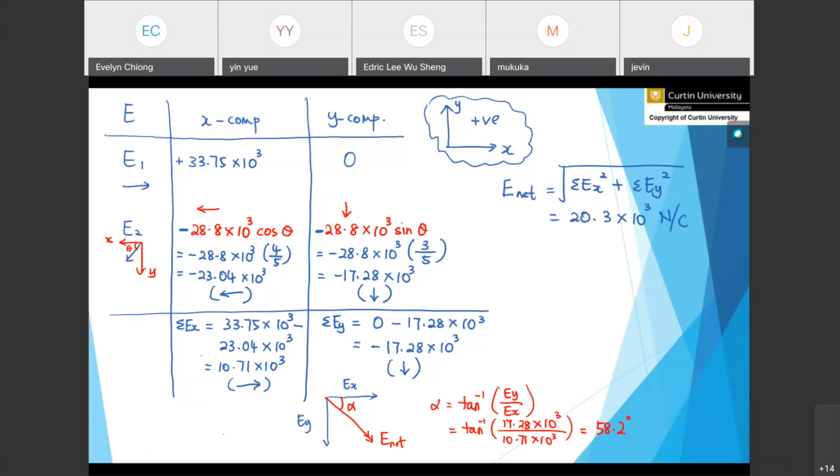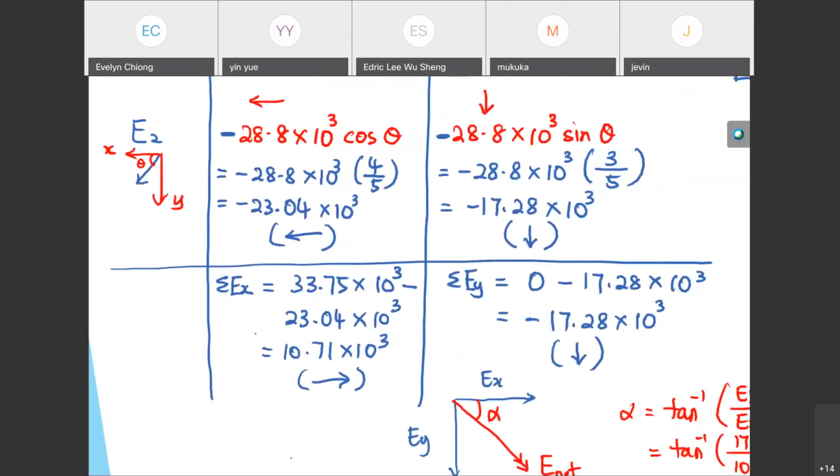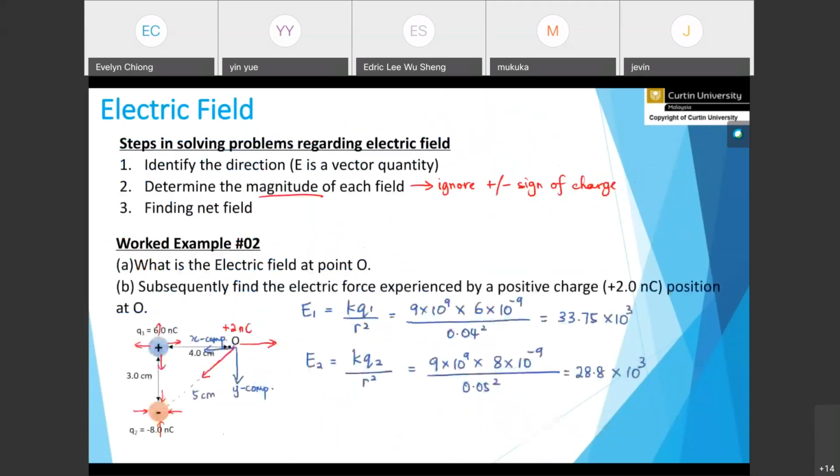But this is not the final answer, because eventually it wants us to determine the electric force experienced by the positive charge.